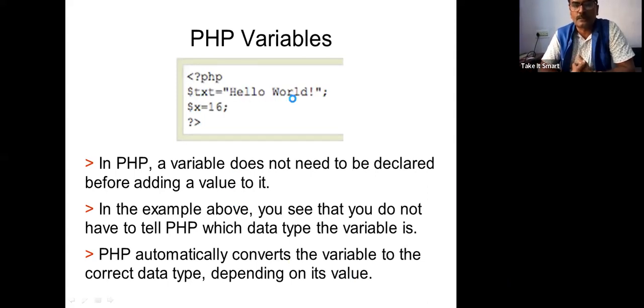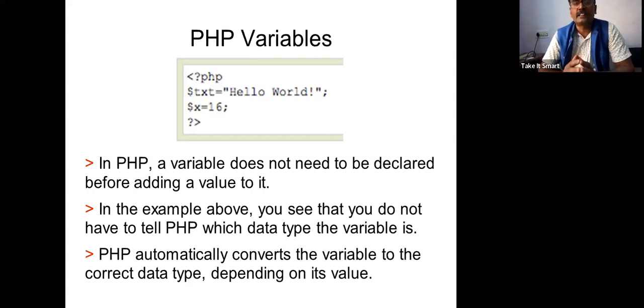Now one student asked me a question: sir, we should also declare the data type of the variable, no? In PHP, we don't require to declare the data type of a variable. By default, it takes the type of the value we assign. Here, $txt is hello world. It doesn't mean that $txt will take only a string. Next time we can assign some numerical value, and its type will become a number, integer, whatever.